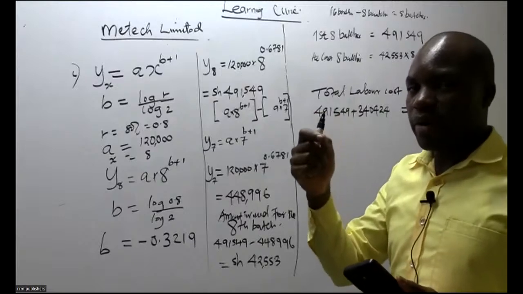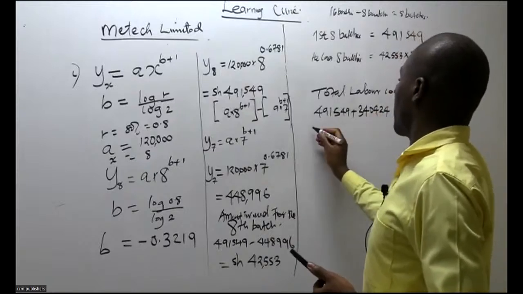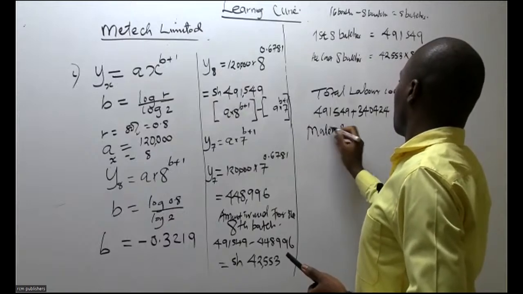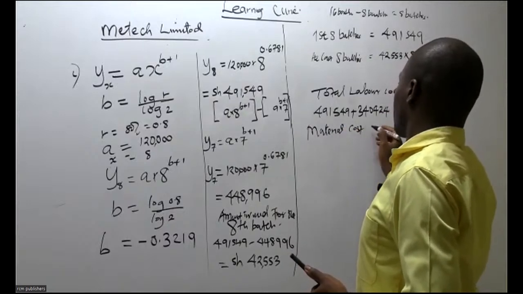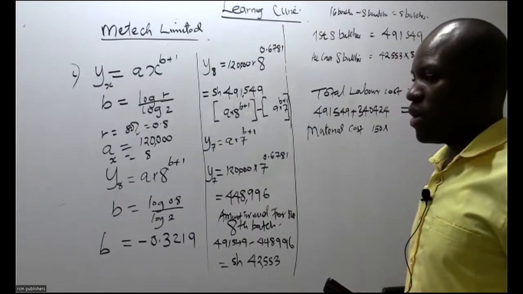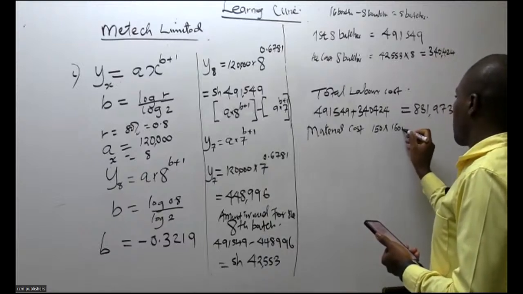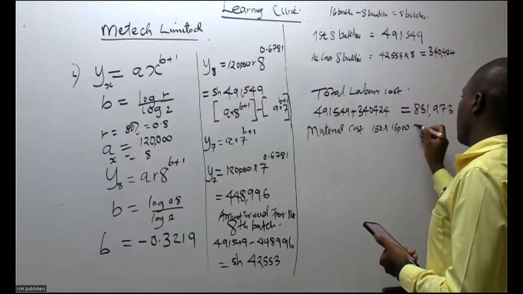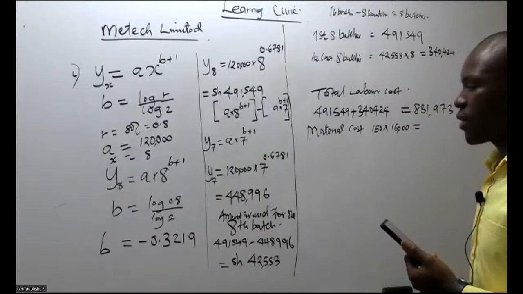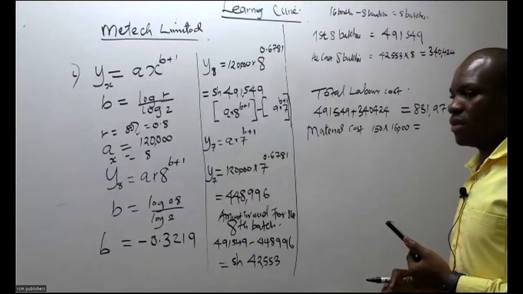150 shillings per unit. So this is total labor cost. Then material cost, we are told, is 150 shillings per unit. How many units do we have? We have a total of 16,000 units which were placed into batches. So how much will be our total material cost? 150 by 16,000.